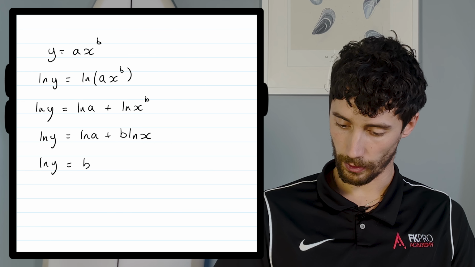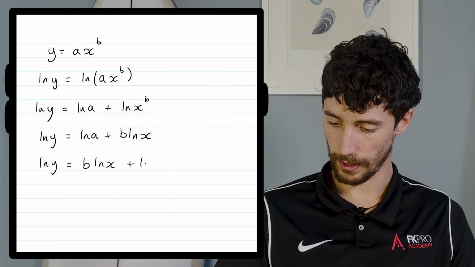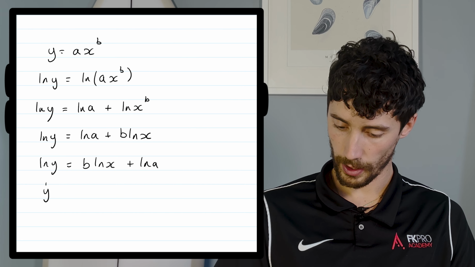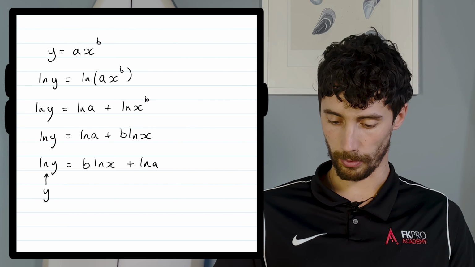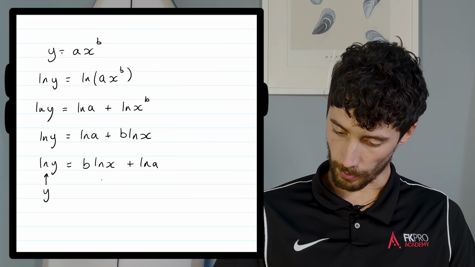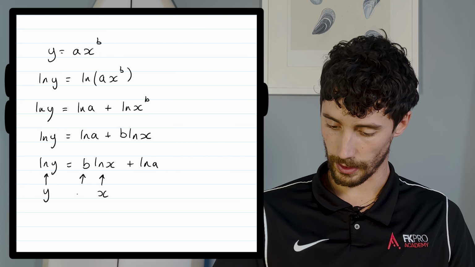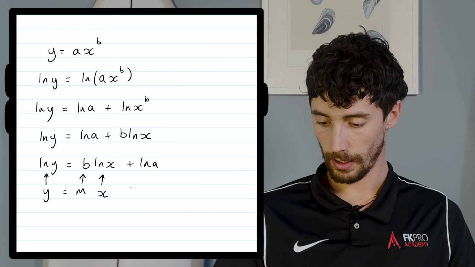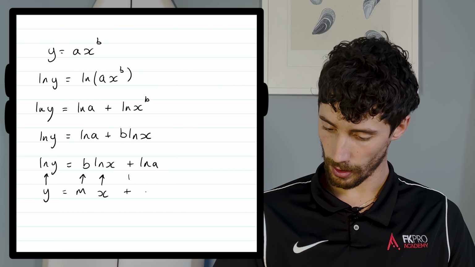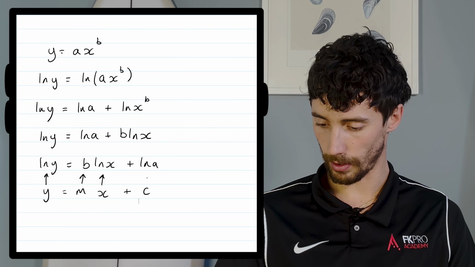Swapping these over, I get b ln x plus ln a. That is now in the form y equals mx plus c, so on my y-axis, I'm plotting ln y. On my x-axis, I'm plotting ln x. My gradient is given by b, and my y-intercept is given by ln a.